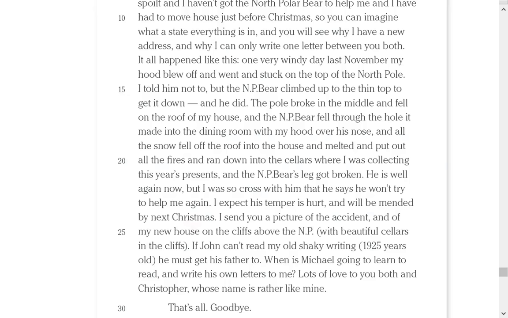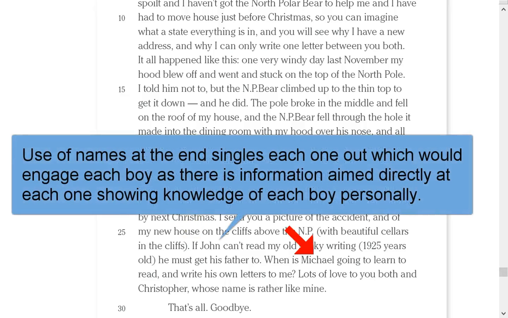We then get the names of the children, so John, Michael and Christopher. So he makes it personal to them. So that suggests to them that Father Christmas knows them and he's watching them. If you think about the kind of things we tell children, you know, Father Christmas is watching you, so you've got to be good. It backs up that idea.